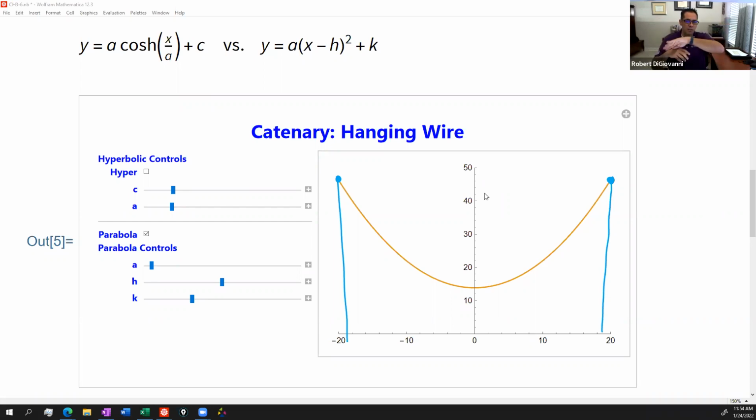It's not in motion. So the shape of that wire is not parabolic. It is hyperbolic. It is the hyperbolic cosine. It is a catenary, right? So the hyperbolic cosine function is the function we use to model hanging wires, no matter where they are.